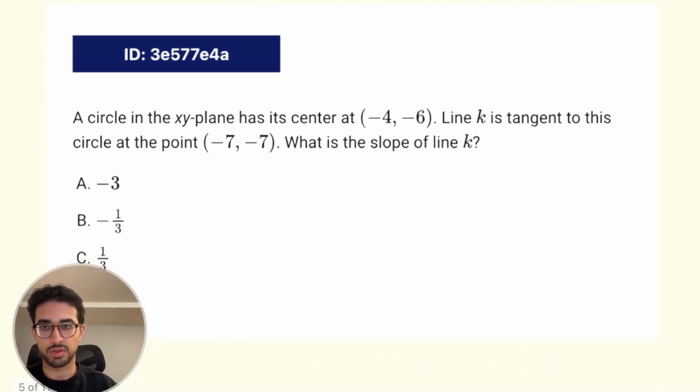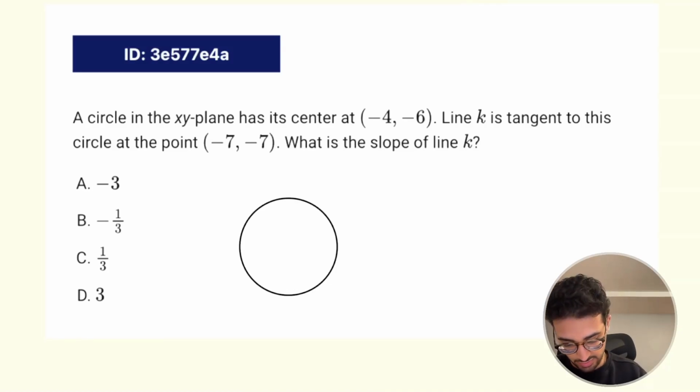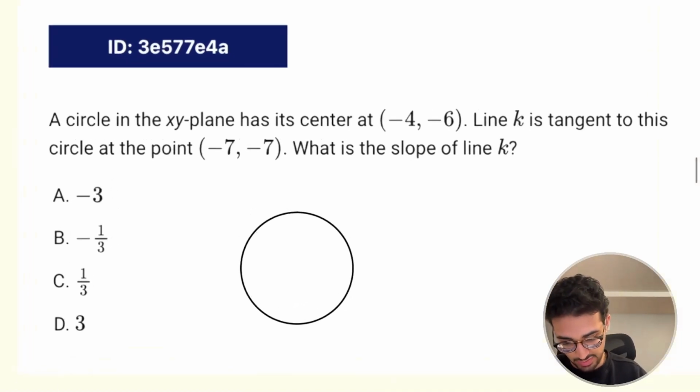Let's talk about this one. This is a question that says, a circle in the xy plane has its center at negative 4, 6, and line K is tangent to this circle at negative 7, 7. So what is the slope of line K? Before even doing anything else, let's draw it out. Let's draw that there. And it seems like they say our center is at negative 4, negative 6.